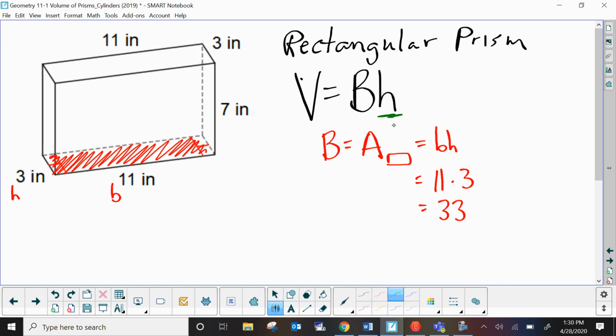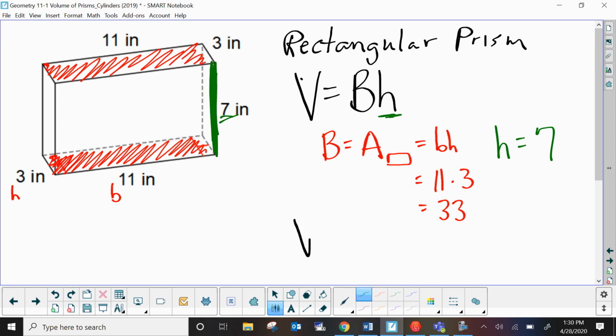Now, the height of the prism is the distance between the bases. Because we chose this rectangle as a base, that means this rectangle is also the base. So I need to know the distance between those rectangles, and that is the height of the prism, which is 7. The volume is equal to 33 times 7.